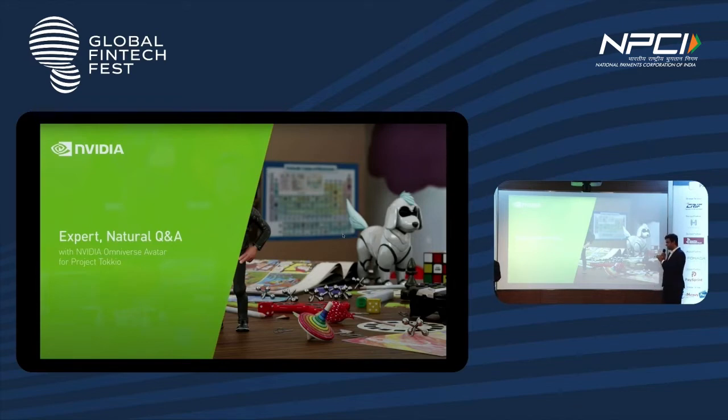Now here we are shifting to something different. We are shifting to much more general purpose questions, right? We're going to utilize an avatar which has been created for the purpose of this demo. The questions are fairly general knowledge in nature, and this entire exercise is going to be natural Q&A, right?